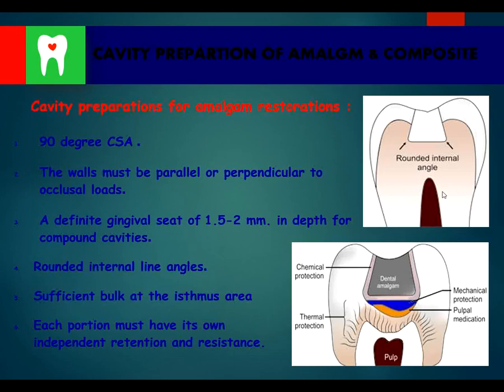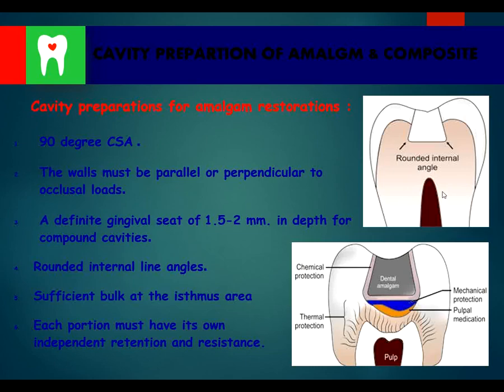If we compare cavity preparation for amalgam and composite restoration, the features of cavity preparation for amalgam restoration are 90 degree cavosurface margin. The walls must be parallel or perpendicular to occlusal loads.